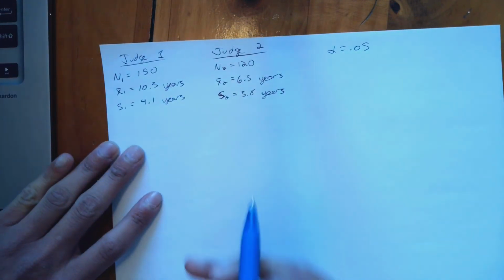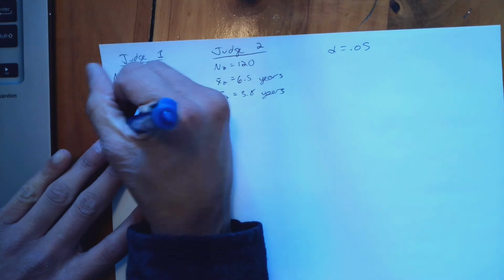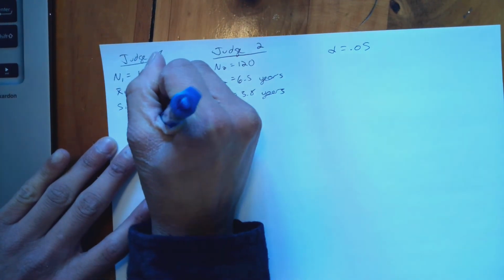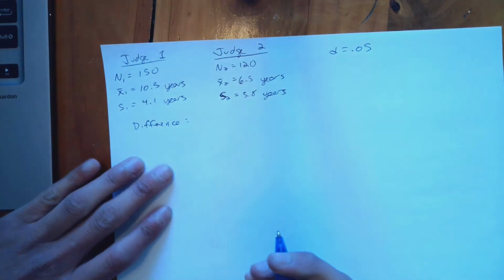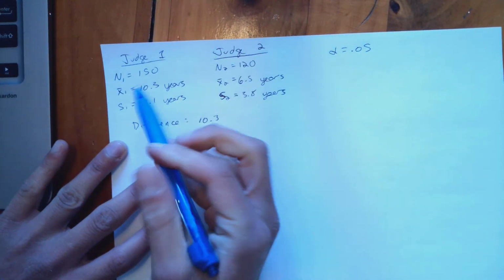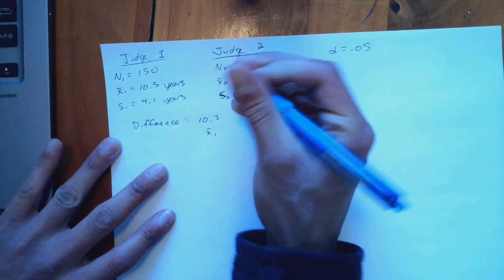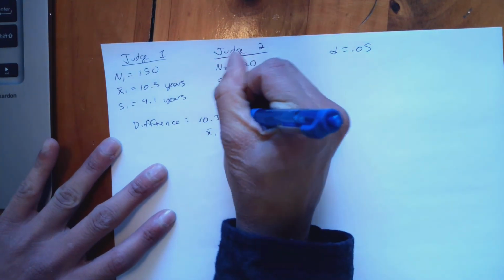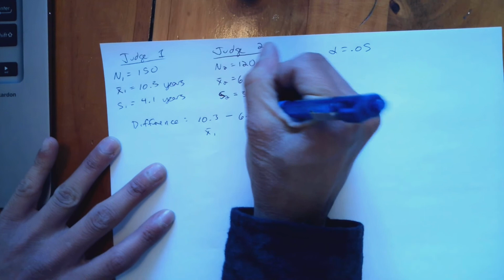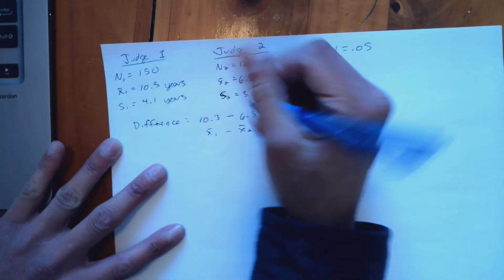Our final thing here in looking at the samples is to come up with the difference, since the two-sample t-test is all about the difference in sample means. So we take x bar 1, subtract x bar 2, and that comes out to 3.8 years.